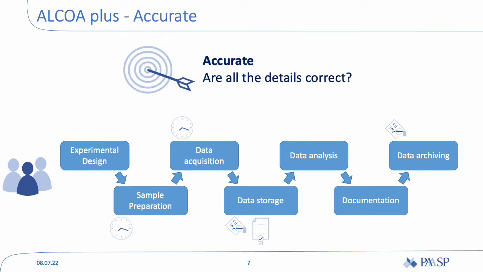Data should also be accurate, meaning that data should be recorded correctly and truthfully. In practice, this should be done for all aspects of the experiment and study, and I suppose everybody is interested in working accurately. However, errors happen and might be overlooked. Therefore, it is in everyone's best interest to briefly reflect on accuracy when documenting and before closing a file.